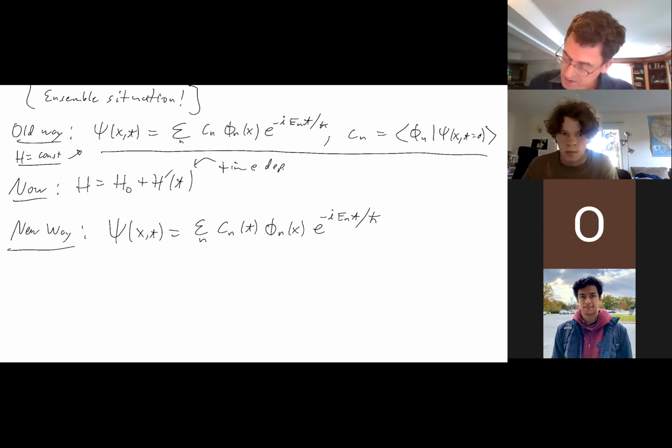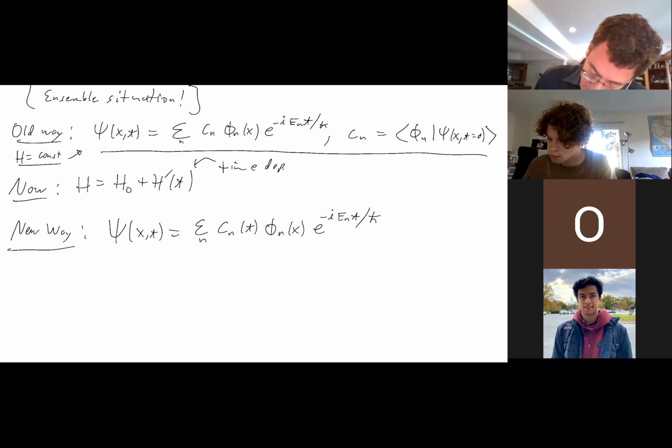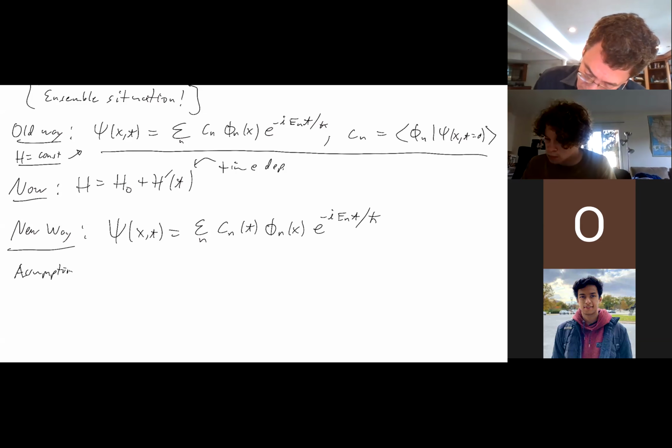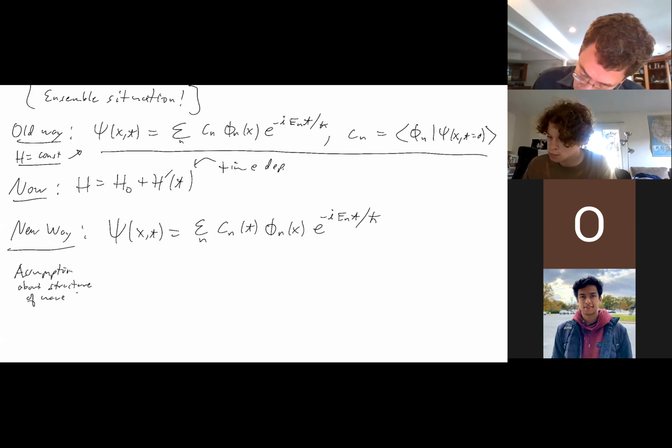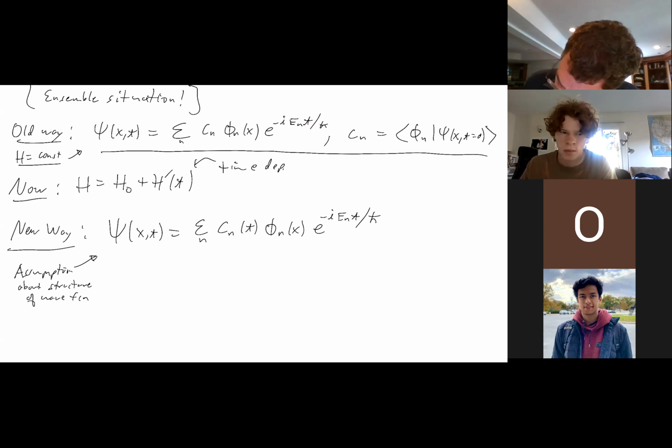So we're going to make an assumption about the structure of the wave function. And what we're going to do is we're going to assume that this is a function of time.